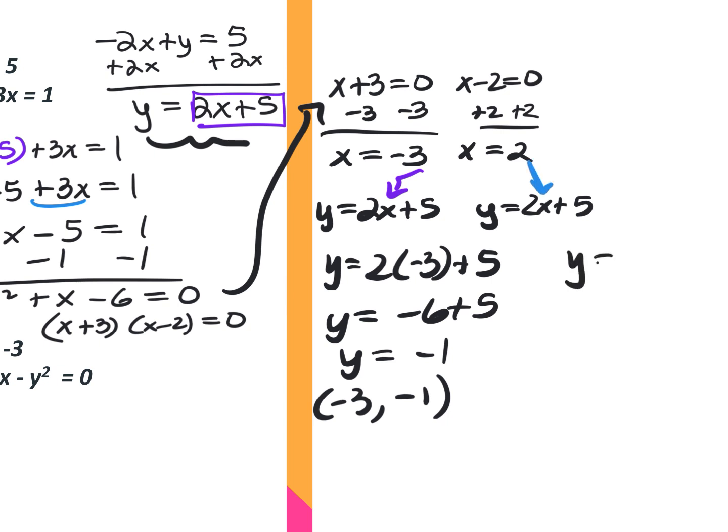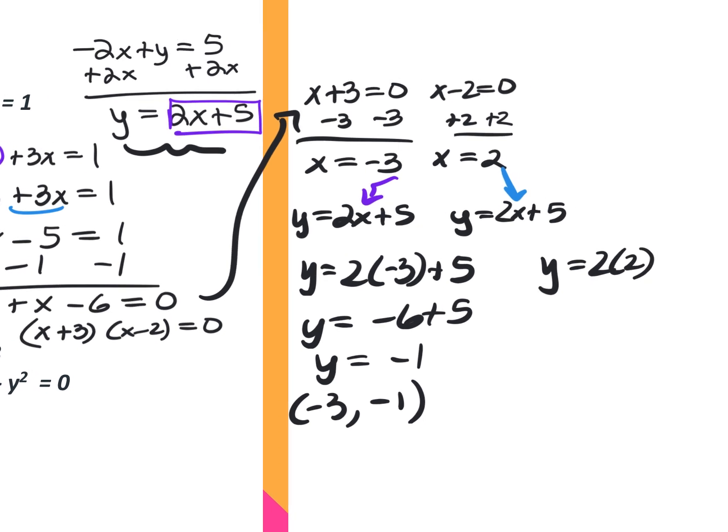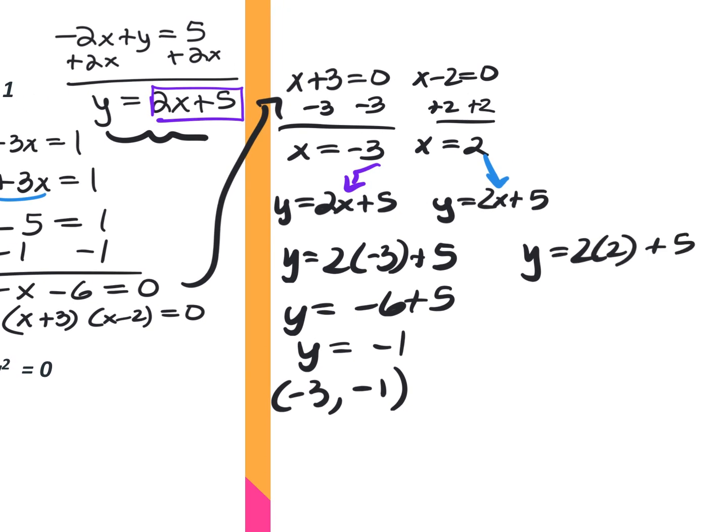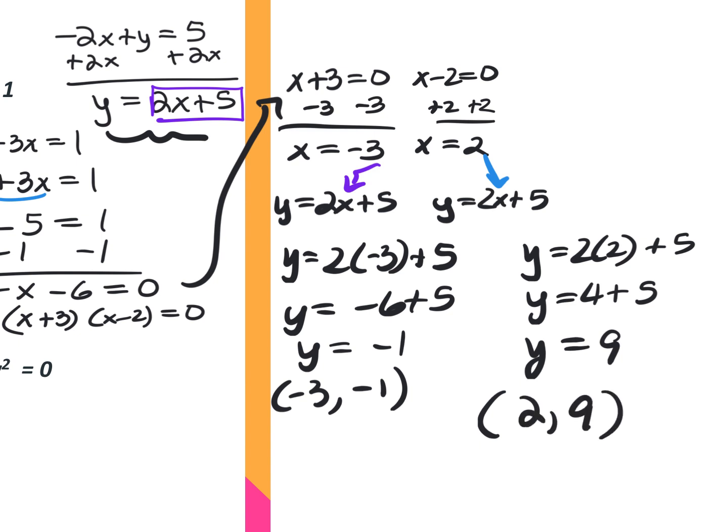So y equals 2 times 2 plus 5. 2 times 2 is 4, and then plus 5, and I get 9. So then that ordered pair is 2, 9. So my two solutions for this system are going to be the ordered pairs -3, -1, and +2, +9.